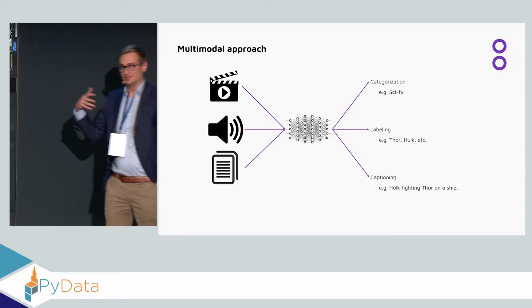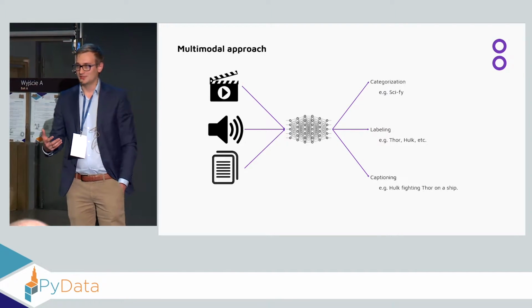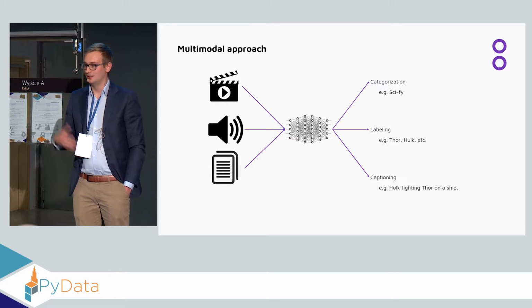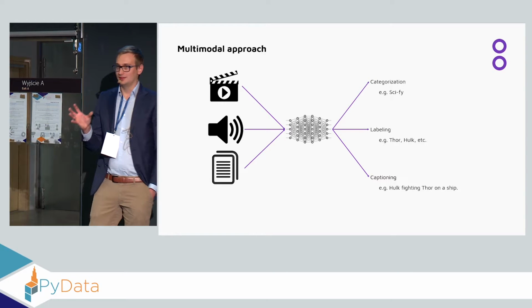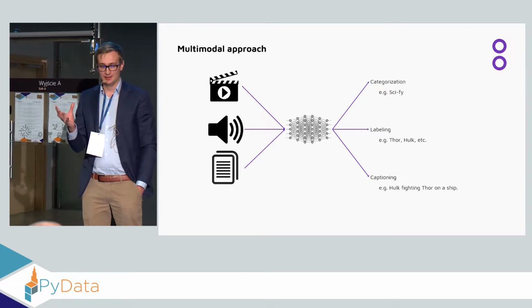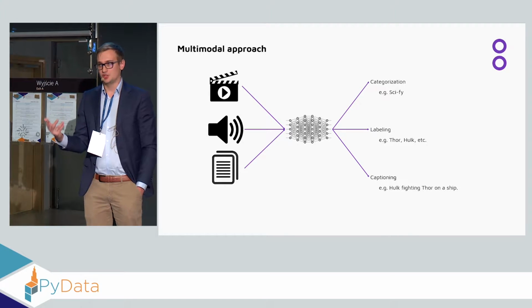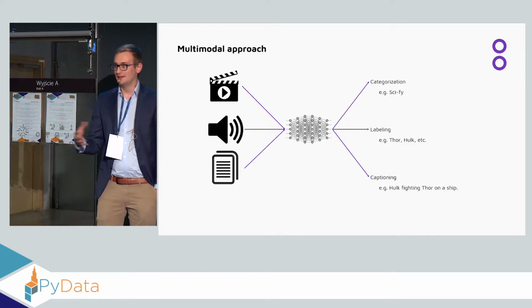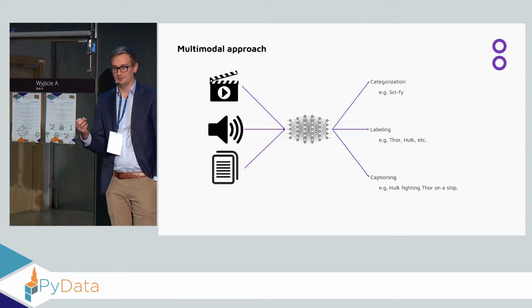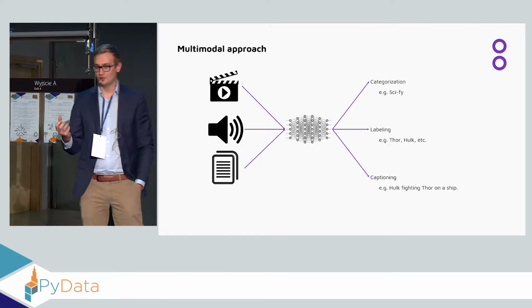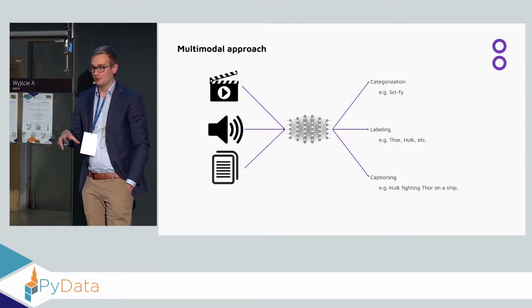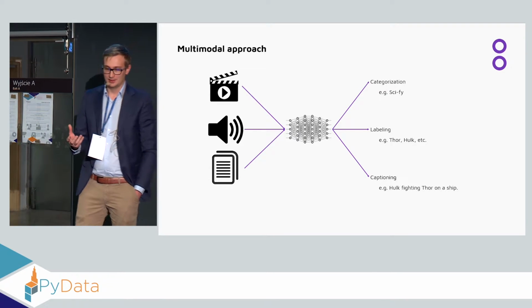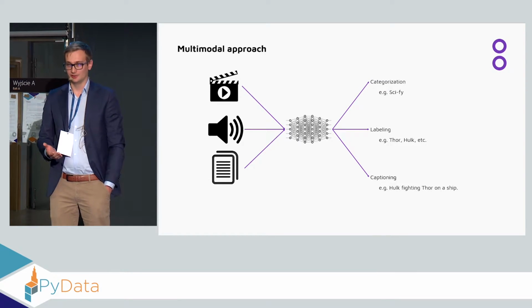But if we move it even a step further, there are a lot of problems that have multiple channels. Movies are a great example here, because one movie is composed of three channels: video, audio, and text, and together they form the full picture. We could try to use this information to make our models better by combining those different types of information.